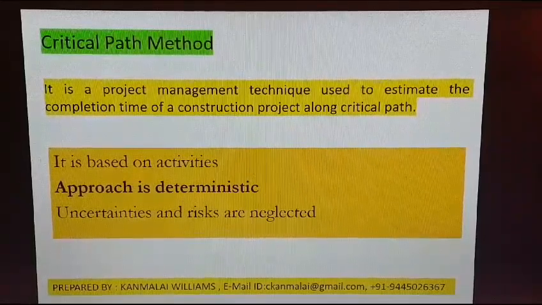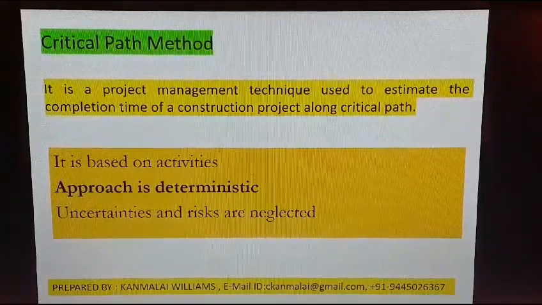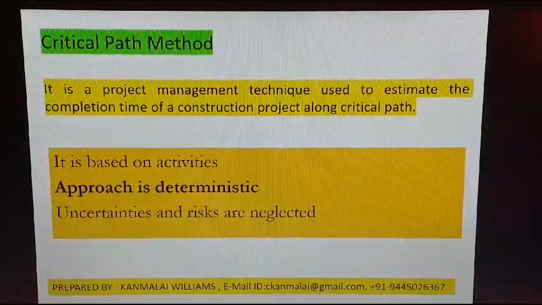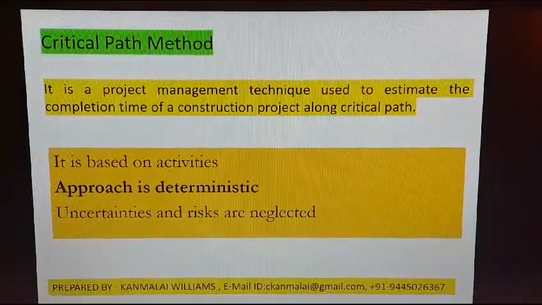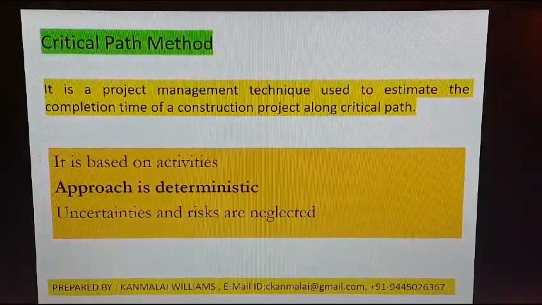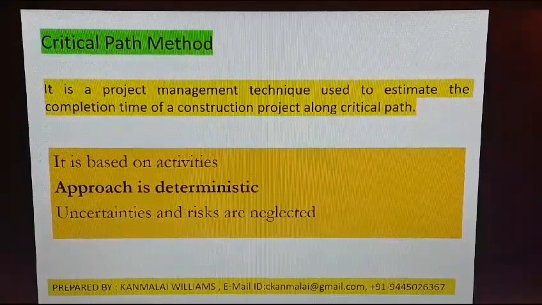So we call it deterministic in approach, and the uncertainties and risks are usually neglected in this type of approach because we assume that all the activities will be completed as per the schedule, or on time. And the risks in that particular project we also consider as minimum, and they can be neglected. I stop here. Hope you understood the concept.